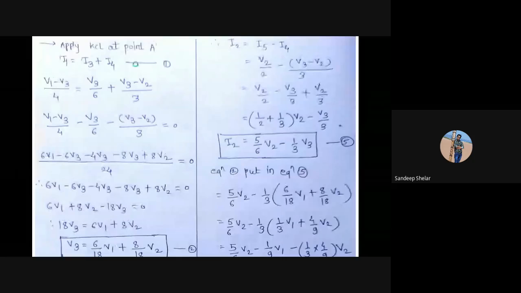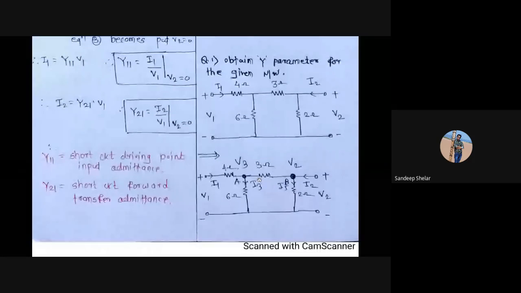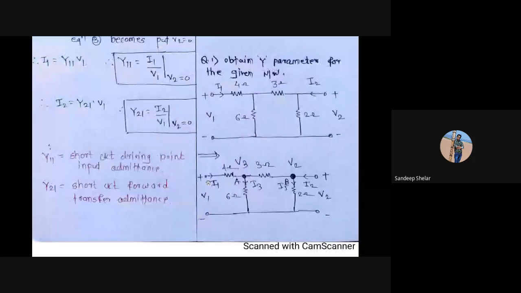Now apply KCL at point A. I1 is equal to I3 plus I4, because in the 3 ohm branch the current I4 is flowing. That is equation number 1. I1 is equal to V1 minus V3 upon 4.